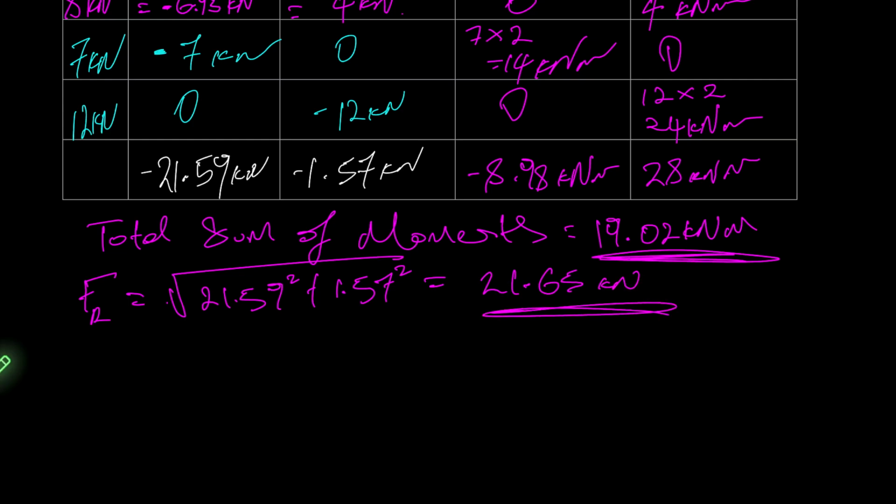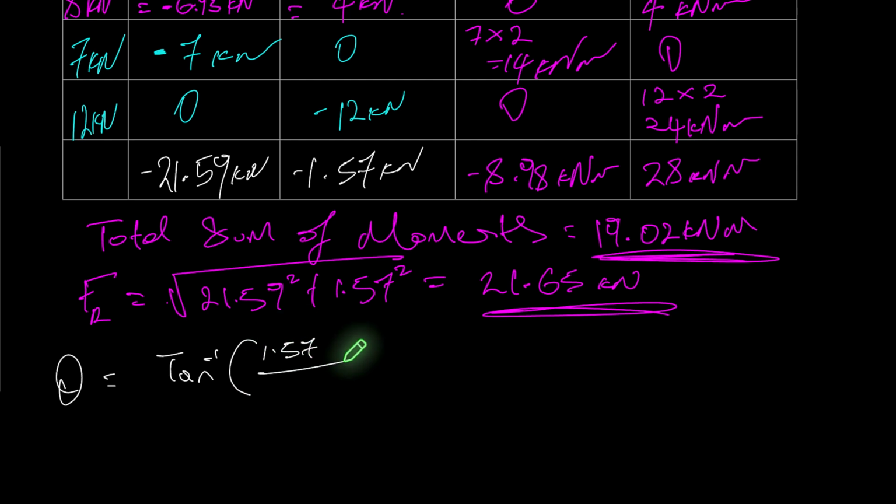Now, in terms of the angle and the line of action, we need to work that out as well. So that's how we're going to get the angle and where this is going. So let's do that. So the angle is always tan inverse in this case, and we're going to do the vertical bit, which is 1.57 divided by our horizontal bit, 21.59.